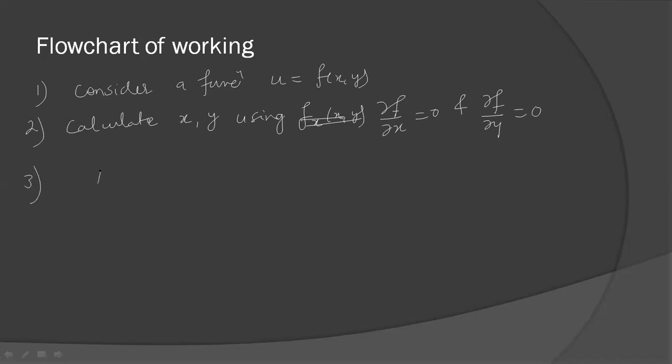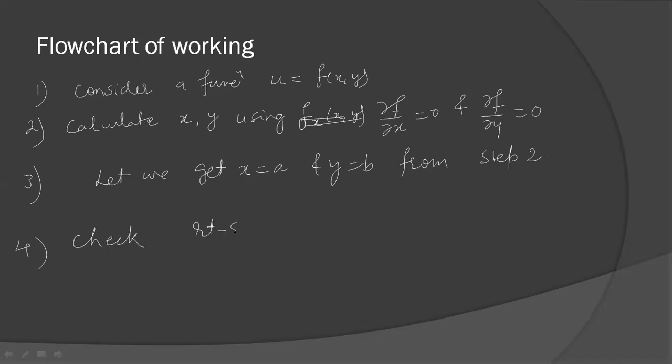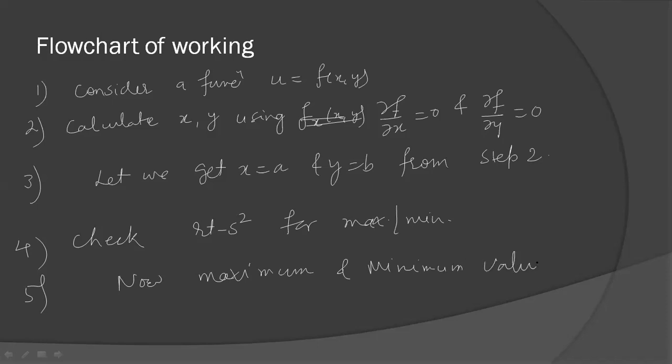Third, let we get x equal to a and y equal to b from step 2. Then check rt minus s square for maxima and minima. Now the maximum and minimum value is given by f(a,b).